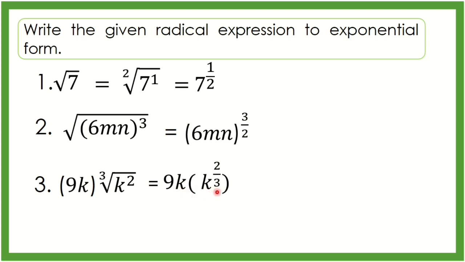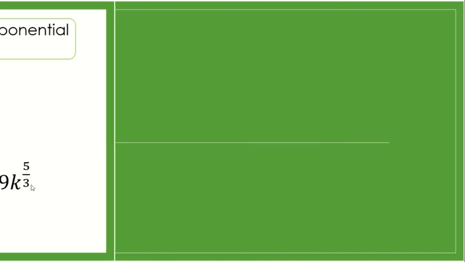Apply natin yung product rule. I-add natin yung exponent nila. Okay, so we have 9 times k. Ang exponent ng k is 1. So, i-add natin dito sa exponent ng another k which is 2/3. Okay, paano natin nakuha yung 5/3? So, we have 3 times 1, that is 3. I-add natin dito, that is 5. Over, copy natin itong denominator. So, this is now our final answer. 9k raised to 5/3.